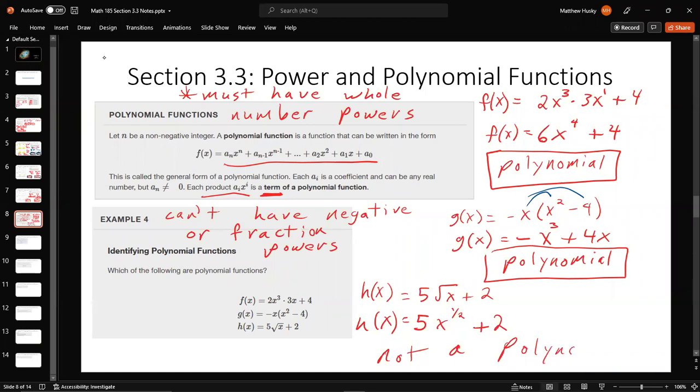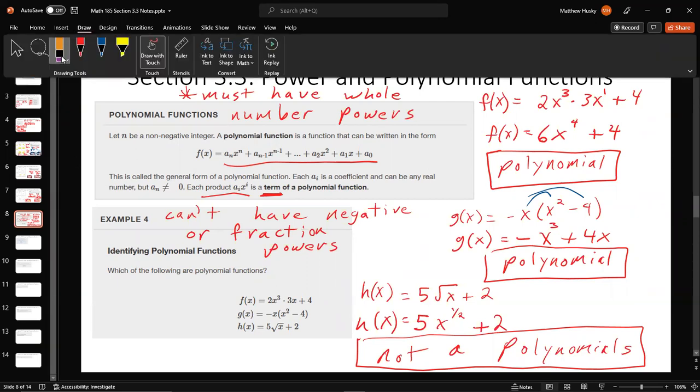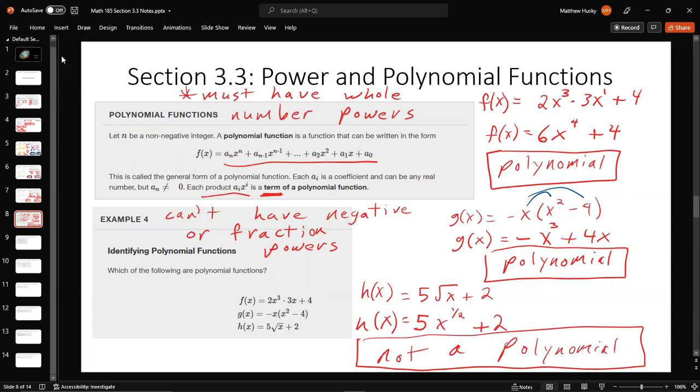With polynomials, you have to have powers that are whole numbers. You cannot have fractions, and you cannot have negative numbers as your powers. Okay. Why did I say not a polynomial? It's just not a polynomial. There we go.